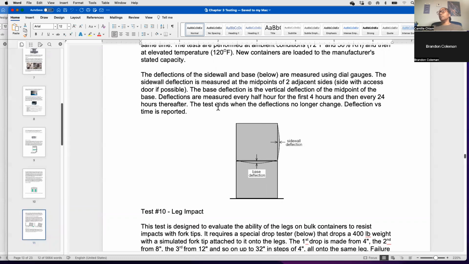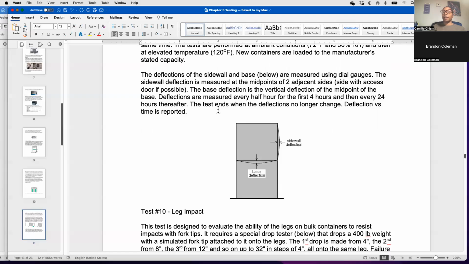You'll notice with the measurements, they're starting off with every hour for the first 4 hours, and then it goes to every 24 hours after that. What that says is, over time, people have found that a good deal of the deflection happens pretty quickly early on.